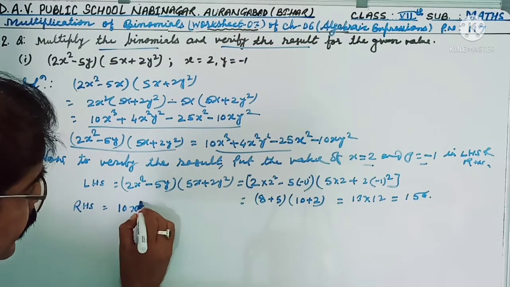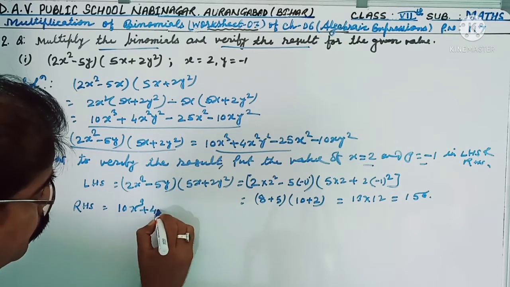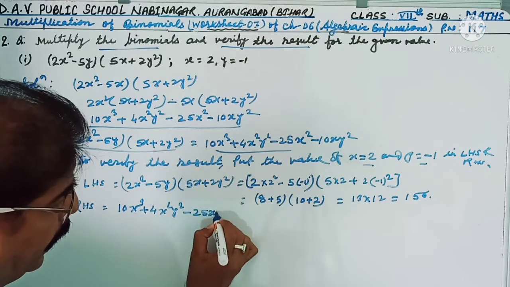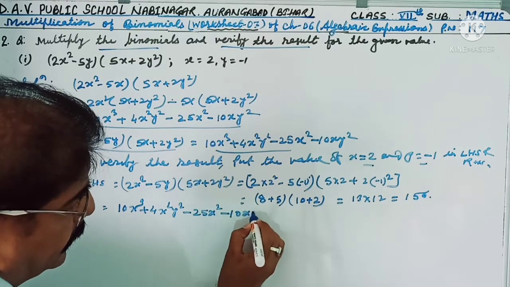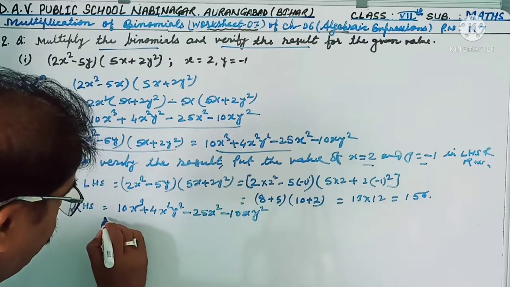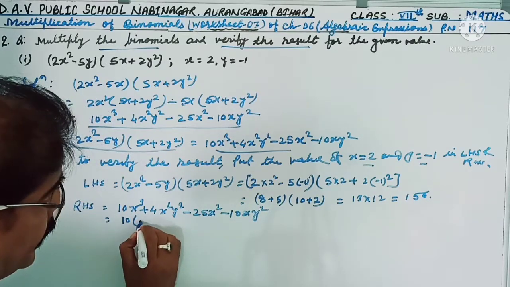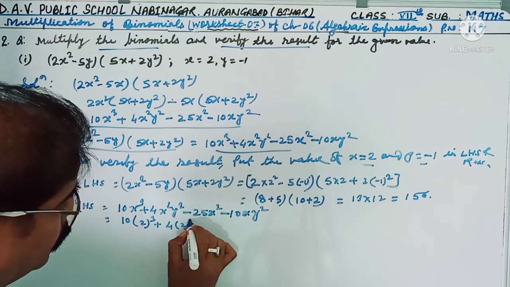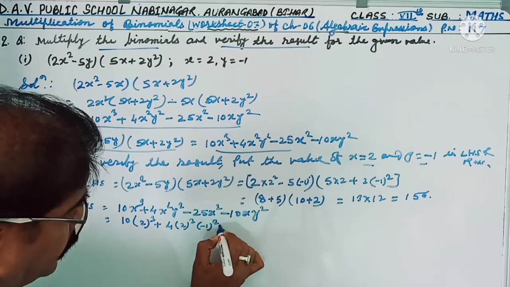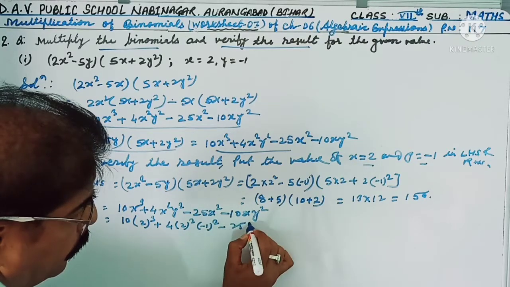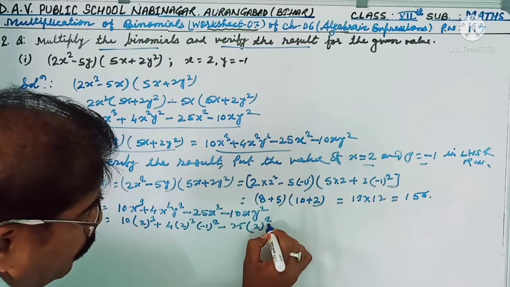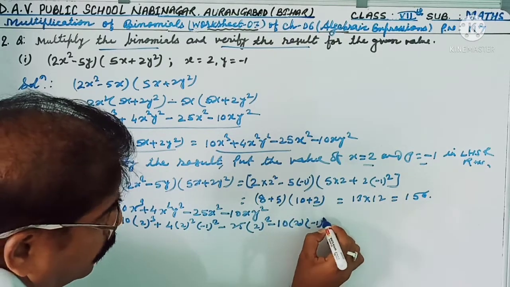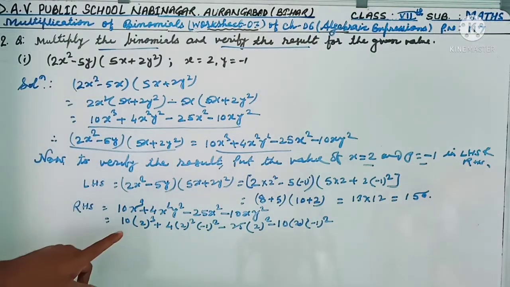is equal to 10x cube plus 4x square y square minus 25x square minus 10xy square, at x equal to 2 and y equal to minus 1.